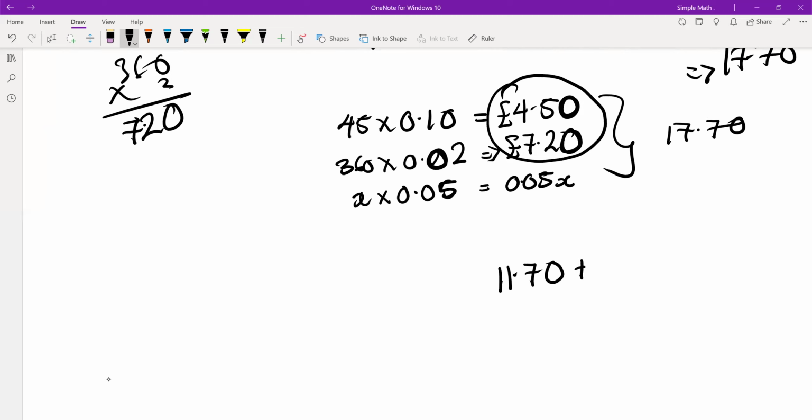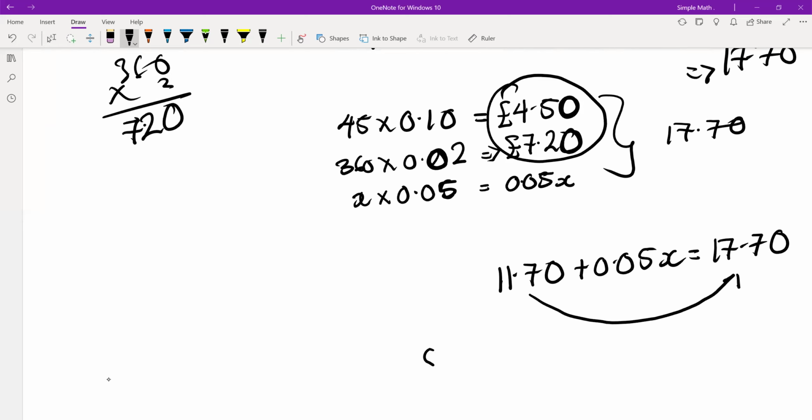This will give us 11.70 plus 0.05x is equal to 17.70. So we can move this 11.70 to the other side. 0.05x is equal to 17.70 minus 11.70. Okay, so 70 minus 70 is 0. 17 minus 11 gives us 6.